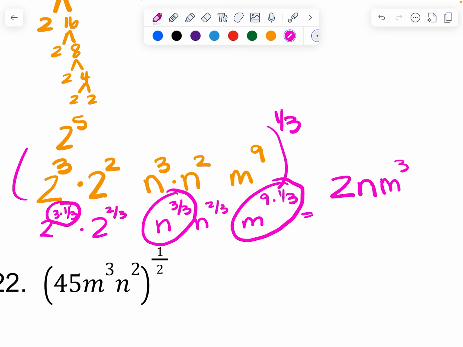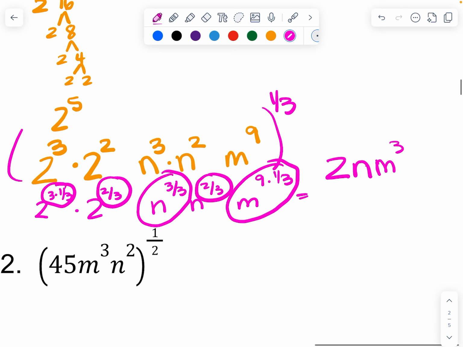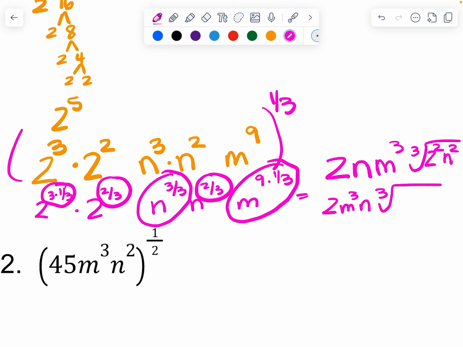Now, do you see how each one of these has a 1/3 on the bottom? That means you're still taking the cubed root. So that means I have a 2 squared in there, and I have an n squared in there. So I have 2n to the 3rd, cube root of 4n squared.